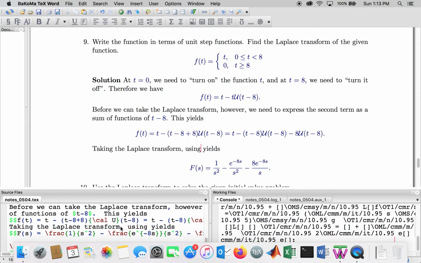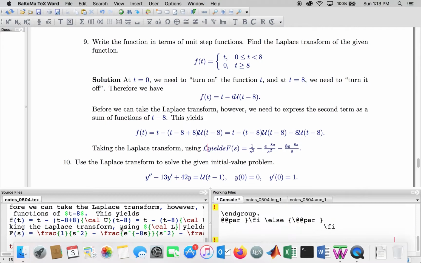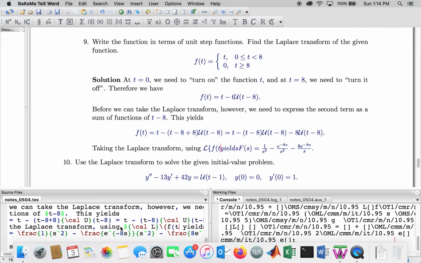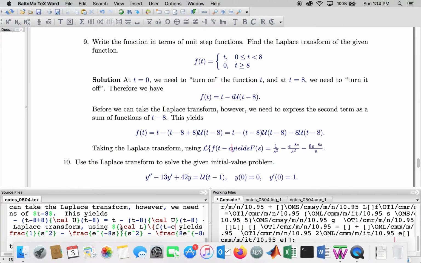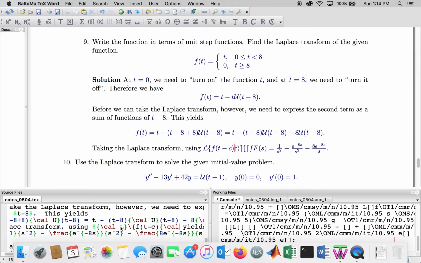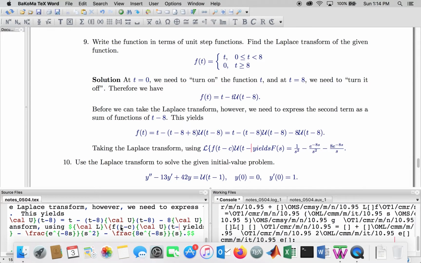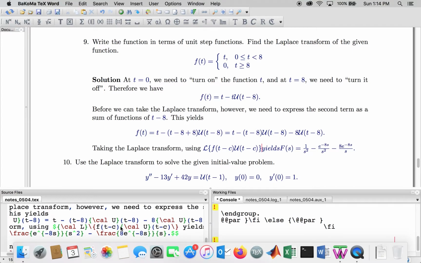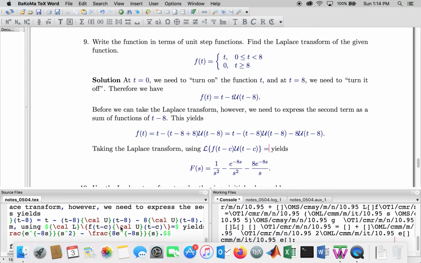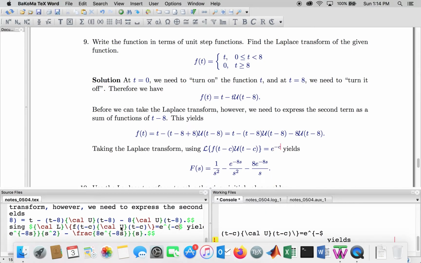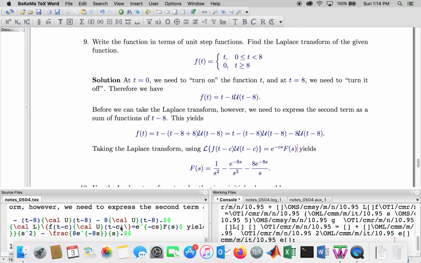So the rule that's being used, and I'll just make a note of that here. So f of t minus c times the unit step function of t minus c is e to the minus cs times the Laplace transform of whatever function we have here. So now Laplace transforming t, that's just a rule.